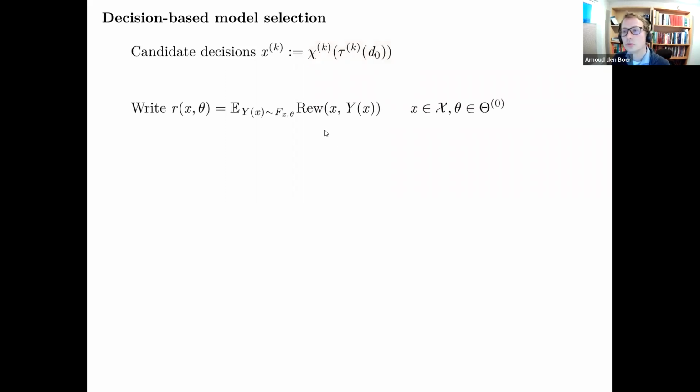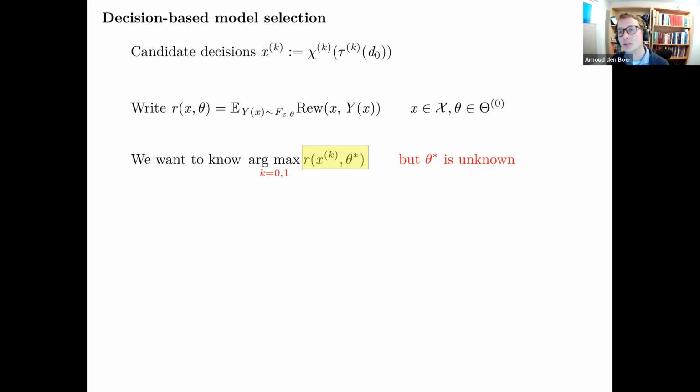Now, we evaluate these decisions, assuming that the most complex model is correct. As I said, that's not the case, but otherwise I don't know what to do. So what we do now is we say, well, suppose that the mixed logit is correct.